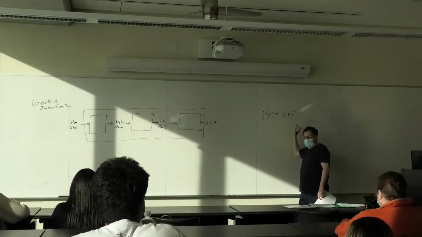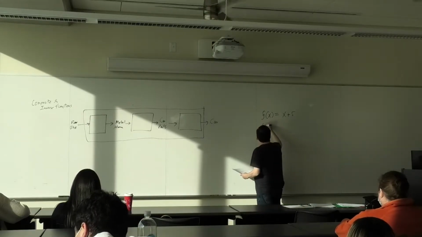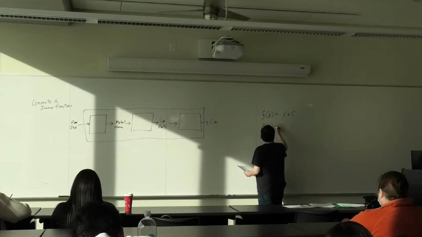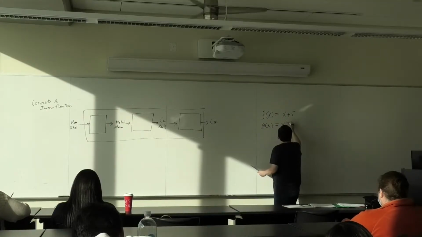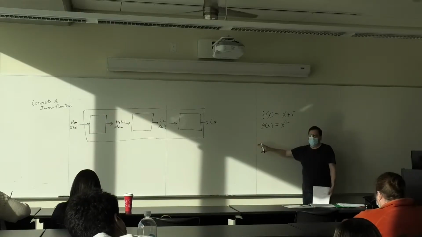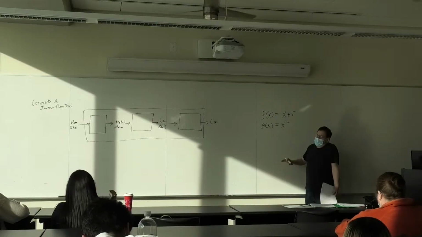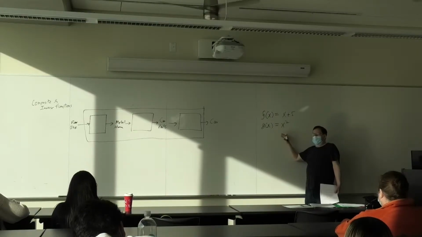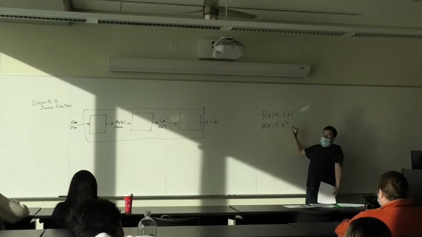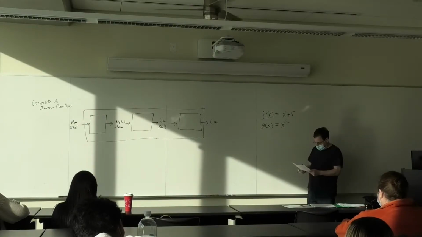You can get any number out of it. As a second function, we have g of x equals x squared. We know what this function does. You put in a number, it squares it. You put in a positive number, you get out positive. You put in a negative, you get out positive. Put in 0, you get out 0.